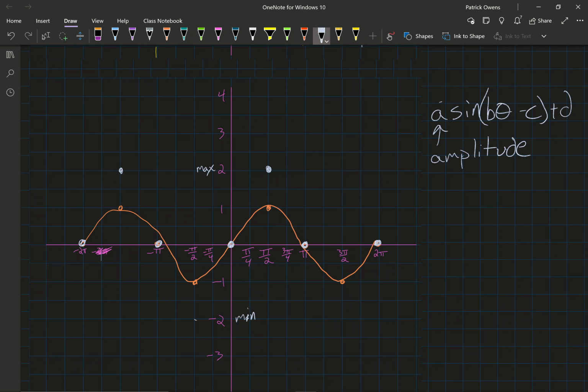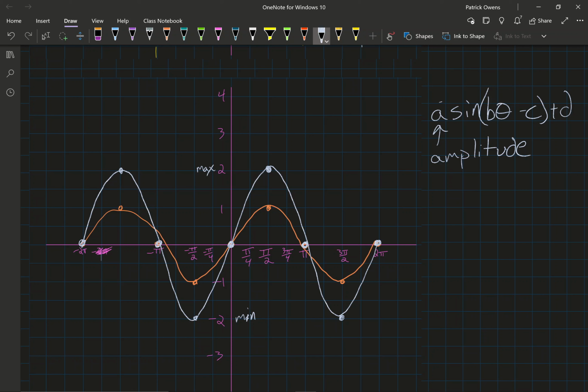The negative version is your new minimum. So same x-coordinates, just different y-coordinates. This is going to be the same for sine and cosine.